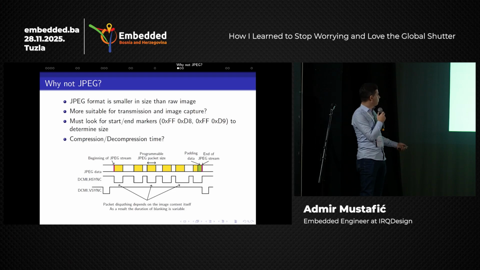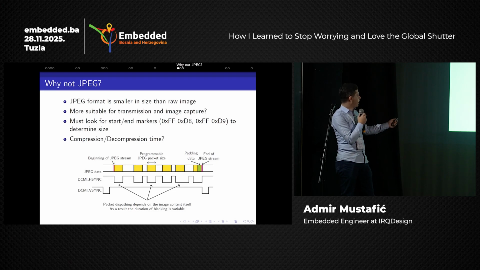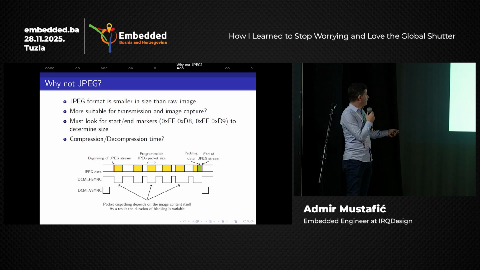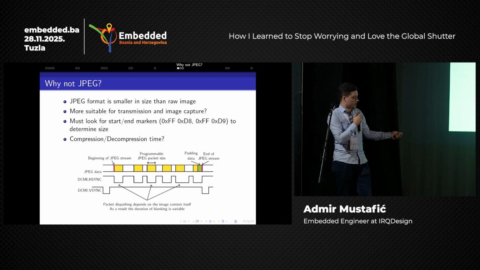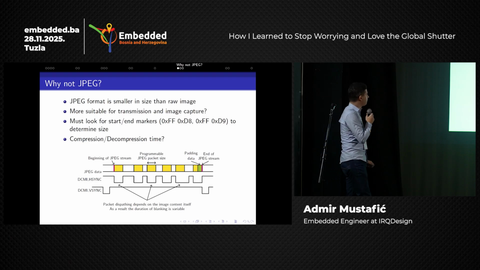Here we have an example of the DCMI JPEG capture, where the vertical synchronization is determining the start and the end of the frame capture for one JPEG frame.